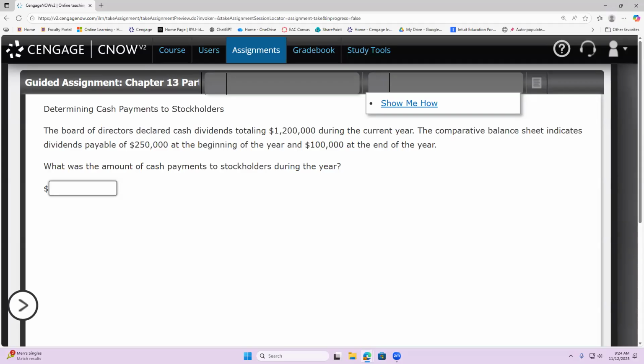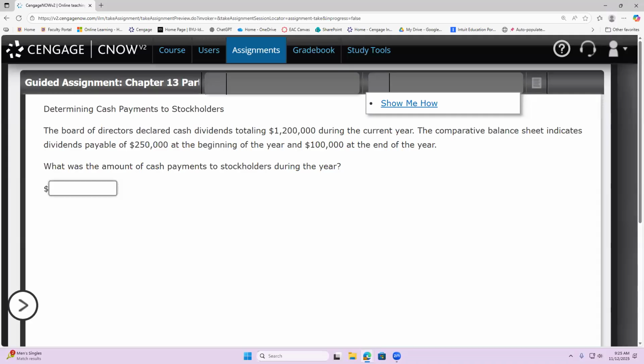Then you also told me that the board of directors declared cash dividends of $1,200,000 during the year. And at the end of the year, there was a balance of $100,000 on the account.